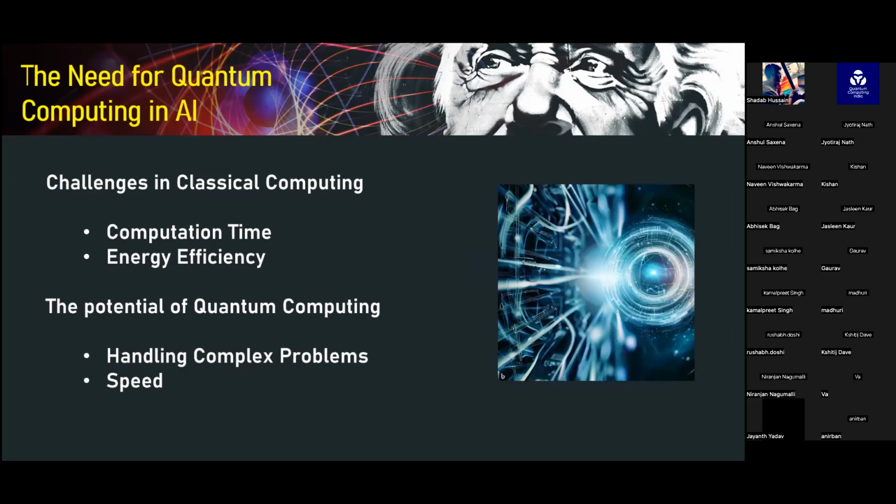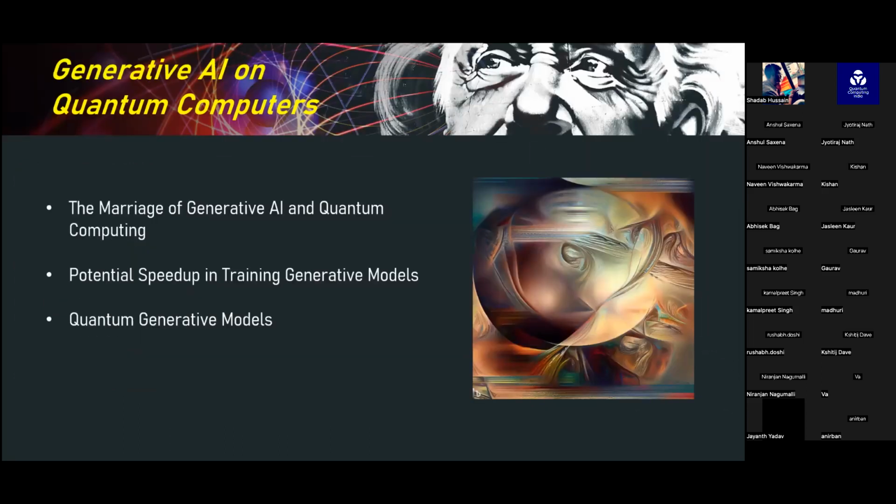So as you can see, it can solve your problem faster and in a more accurate way. Having said that, there is always room for improvement, and QML, quantum machine learning algorithms, and quantum computers with quantum simulators and real-time quantum computers have the potential to speed up the training process of the generative models.